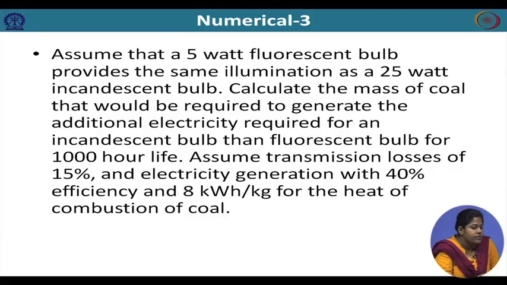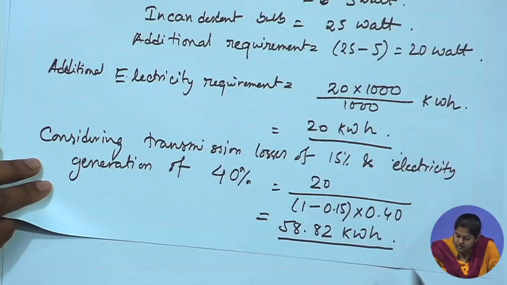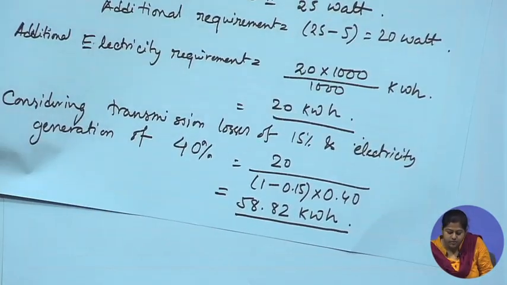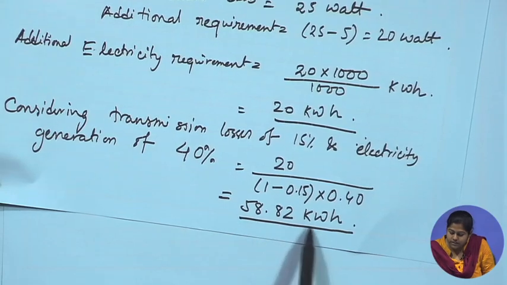Now in the second part of the question, it has been asked how much coal is required if the heat of combustion of coal is 8 kilowatt hour per kg. So from this data we need to calculate the amount of coal required for generating this much electricity.